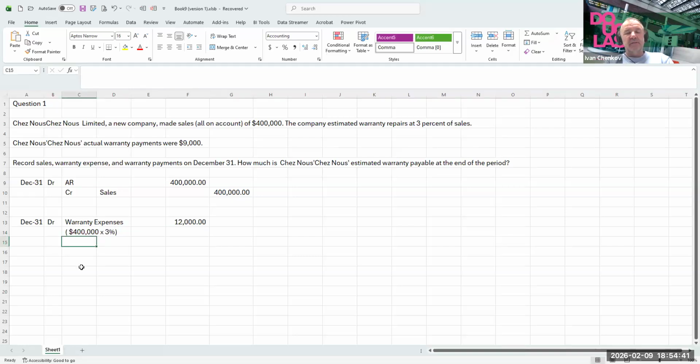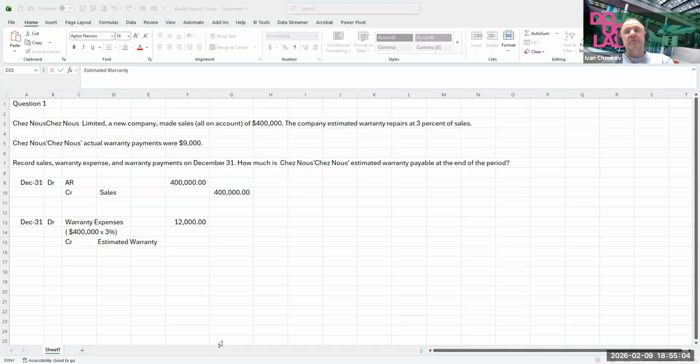So now they have to create some account. That will be credit, estimated warranty liability. That will be one way to see it. Or an estimated warranty payable on the other.